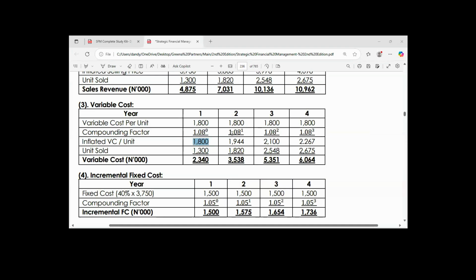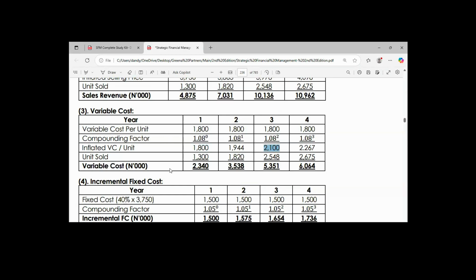Yes, that's 1944 for the second year. So 1944 multiplied by 1.08. That's 2099.52, which is 2100. That's the 2100 you are seeing in the third year.